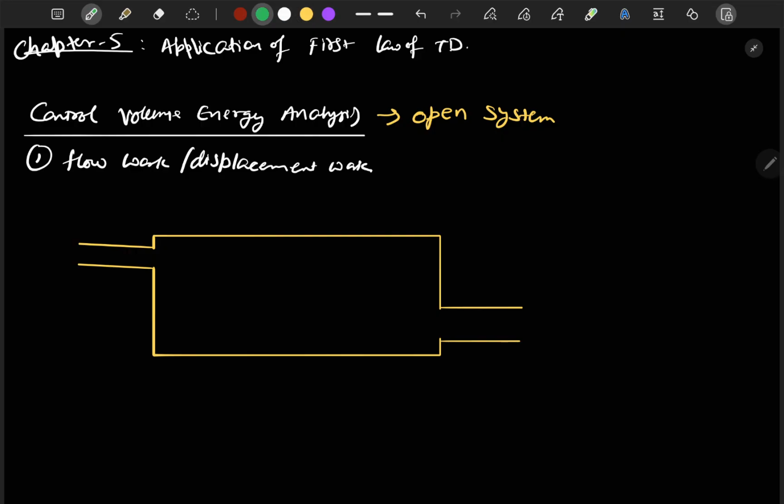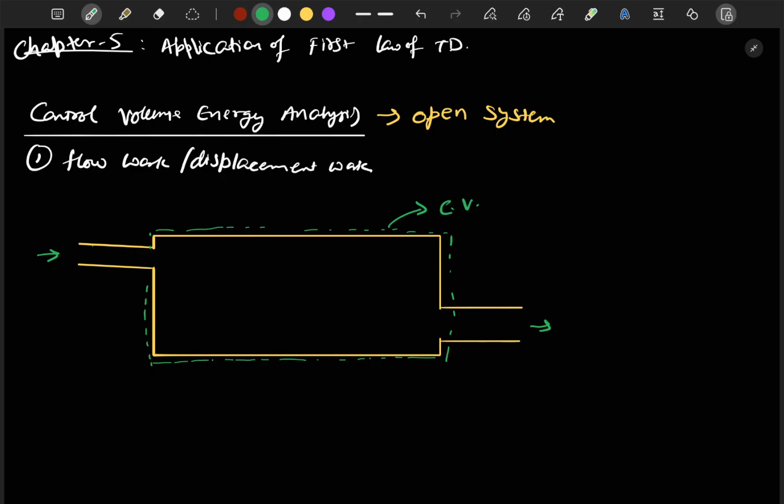For example, let's say a fluid is flowing in and out of this control volume. This whole part is the control volume. Instead of focusing on a part of the fluid which is at one point inside the system and at another point outside the system, we focus on this control volume. Whatever fluid comes into this section, we will observe that fluid.